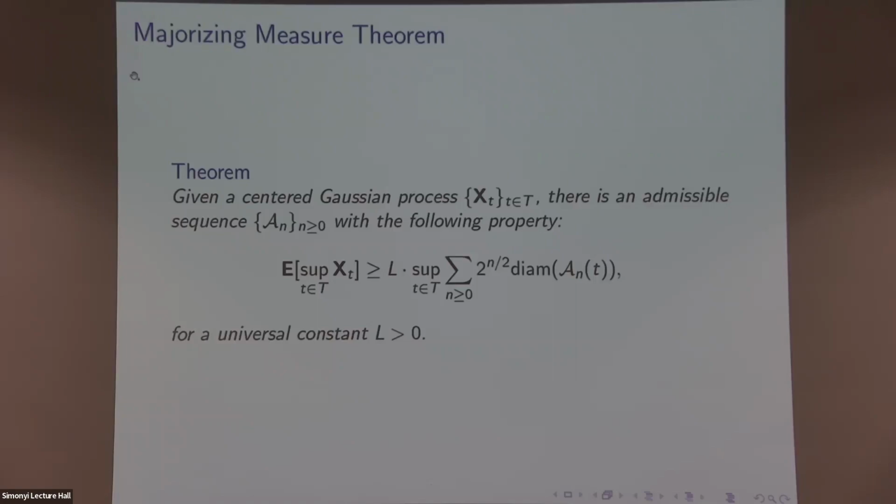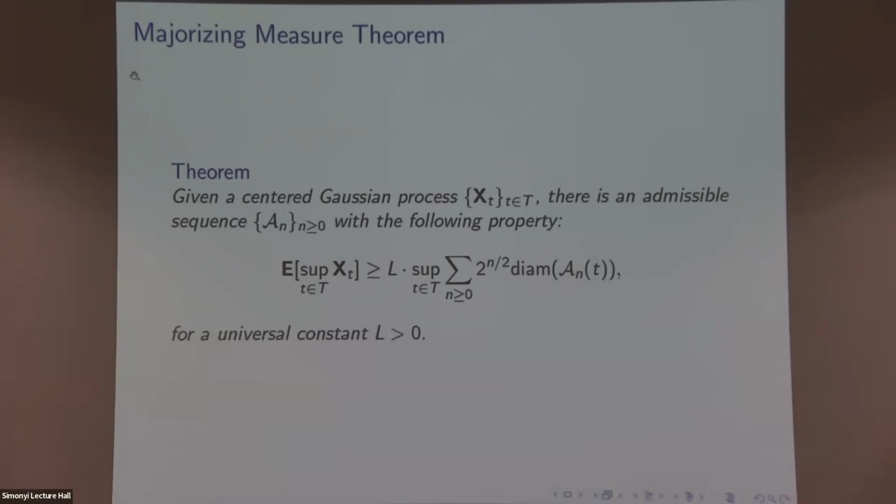If you follow any particular vector, maybe it lies first in the basic partition, then here, then here, as the parts go down the tree of this partition we are creating, then the summation of 2 to the n over 2 times the diameter of the cluster in which it lies is always upper bounded by the expected sup.